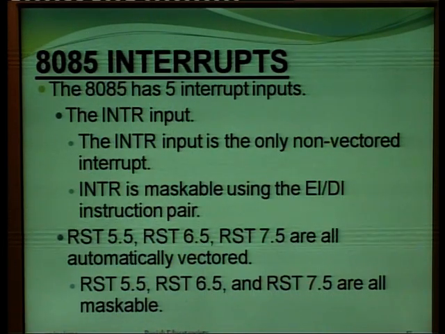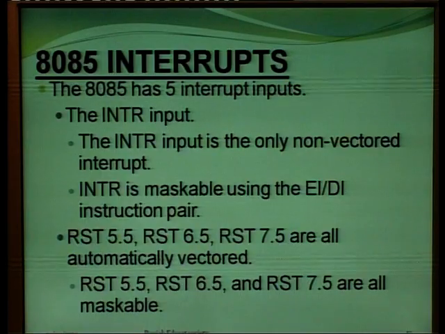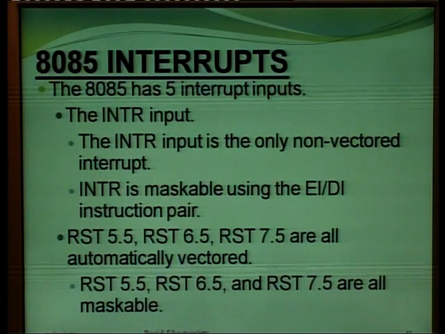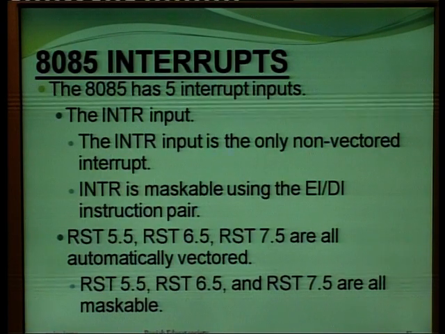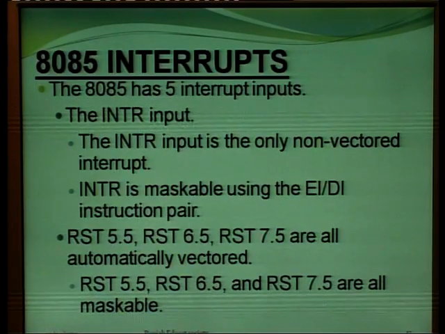सो इन्हां पंजों इंटरप्ट्स दे विचों, the INTR interrupt is the only non-vectored interrupt. It is also a maskable interrupt which is enabled or disabled by using instruction EI and DI.